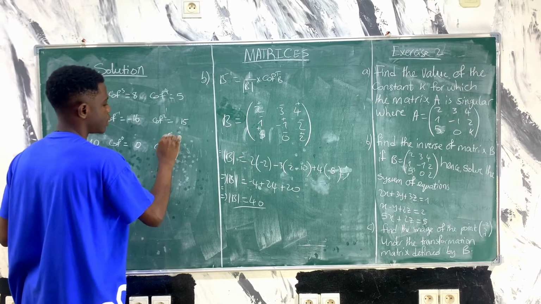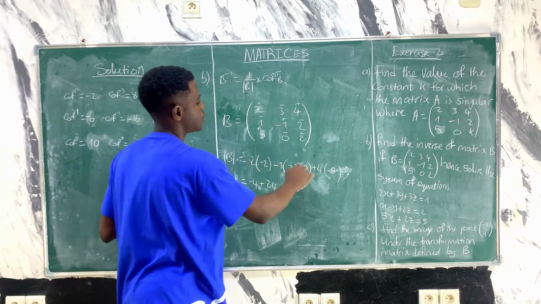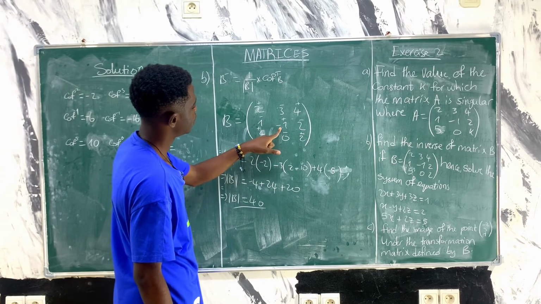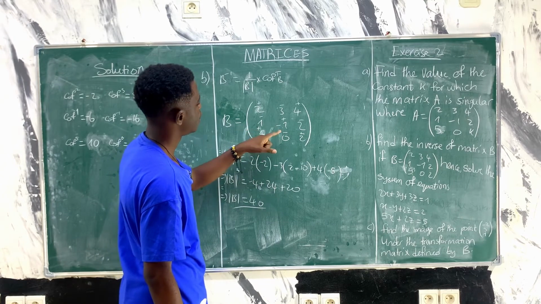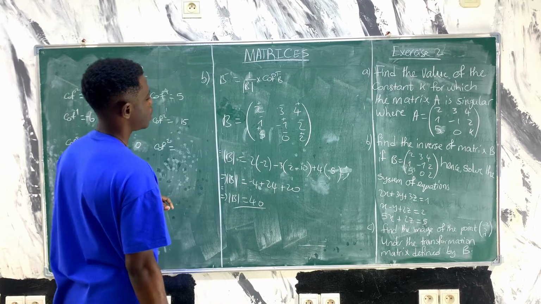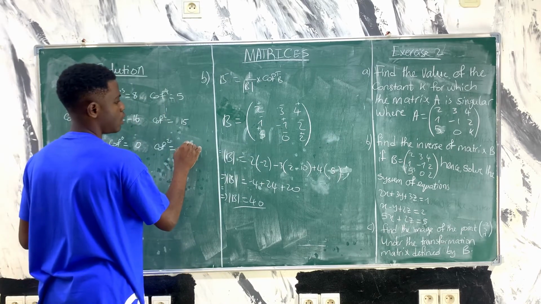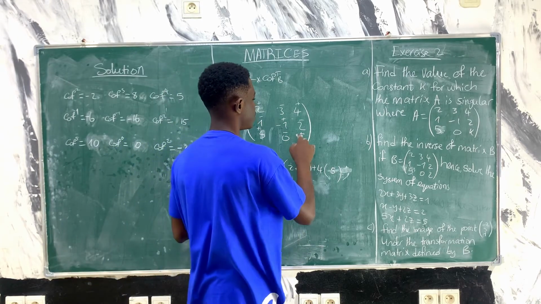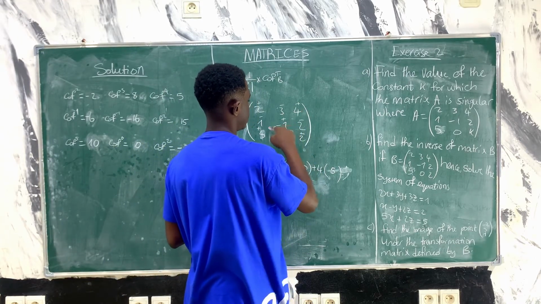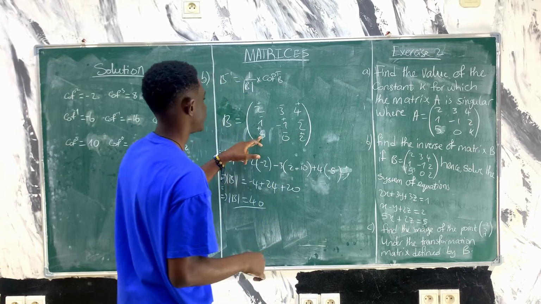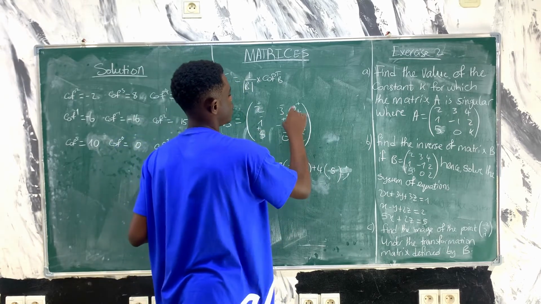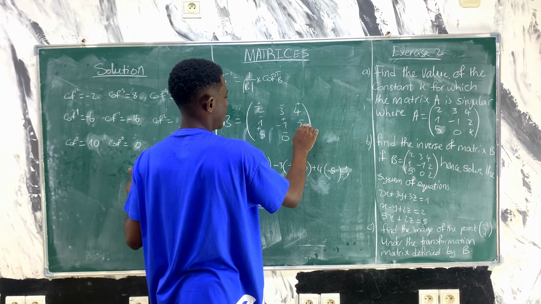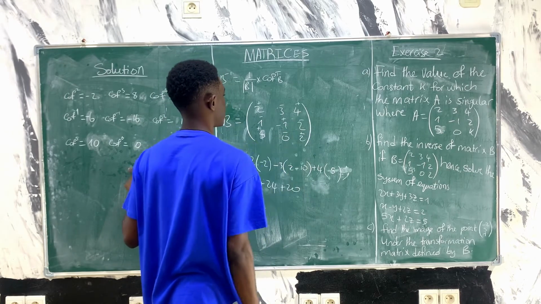So finally, the cofactor of 2, I cancel here and here, 2 times 1, this is minus 1, 2 times minus 1, minus 2. Cofactor being here. What's the cofactor of 5? Cancel here, minus 4, 10.